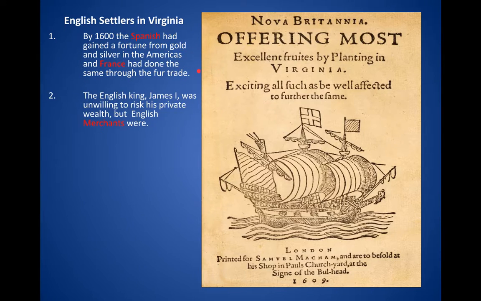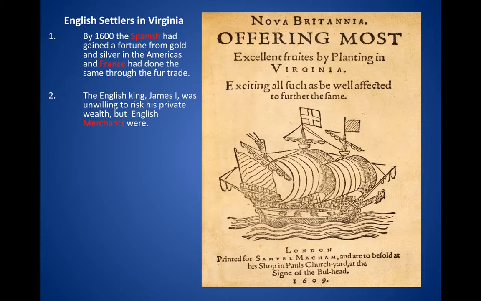Okay, so the English king, James I, was unwilling to risk his private wealth. That's a big reason why the English weren't doing so well. They didn't have as much money invested into getting money out of the Americas. But English merchants were interested in putting forth some money to try to make more money off of the Americas.